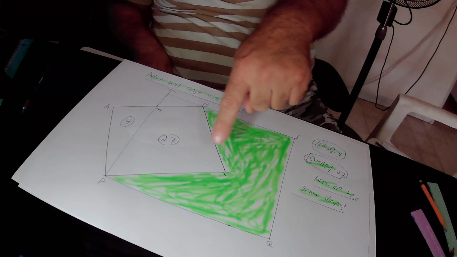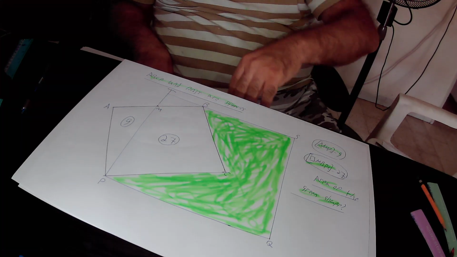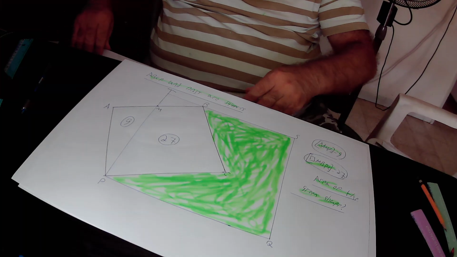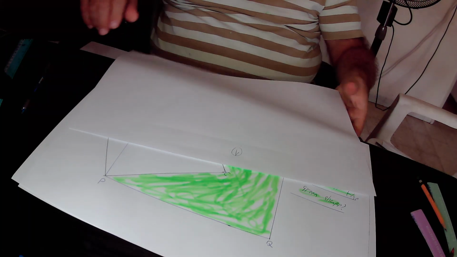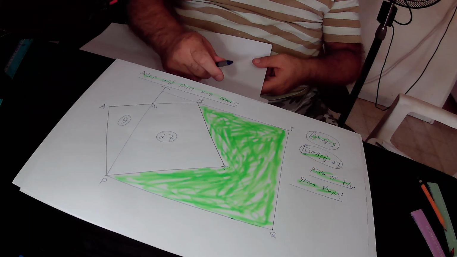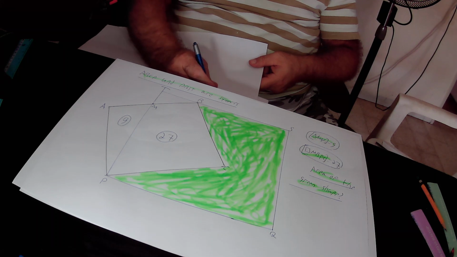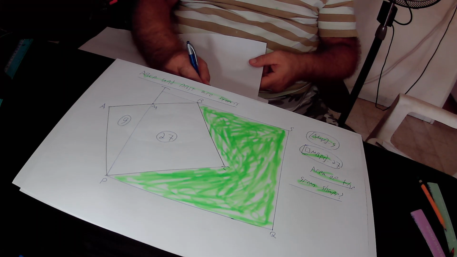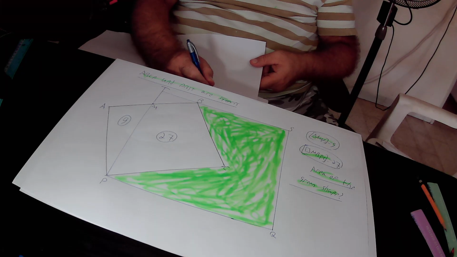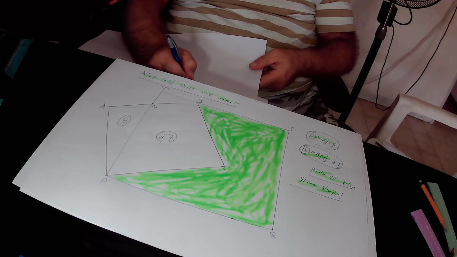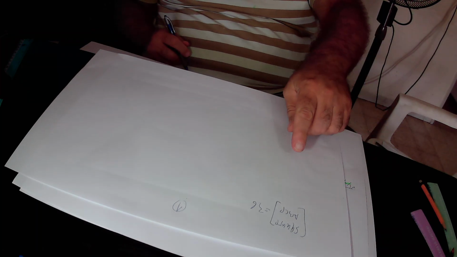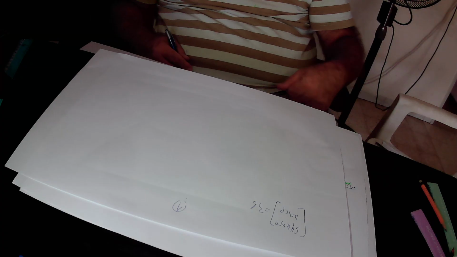The area of square ABCP is equal to 36 square units in its size.